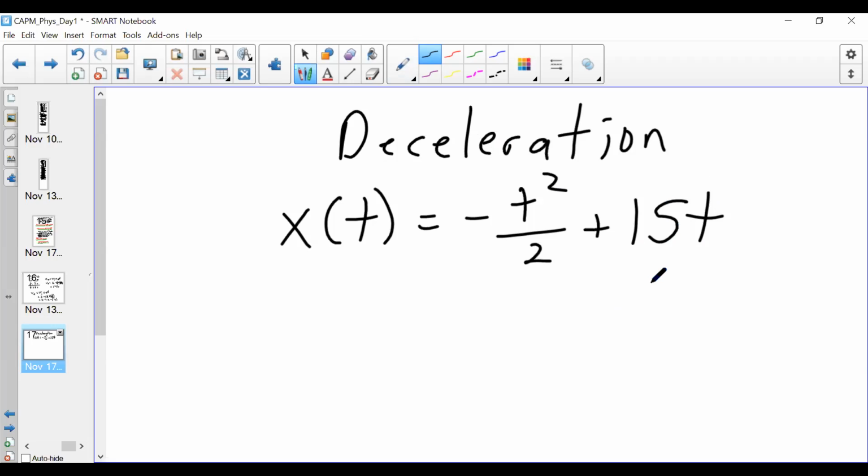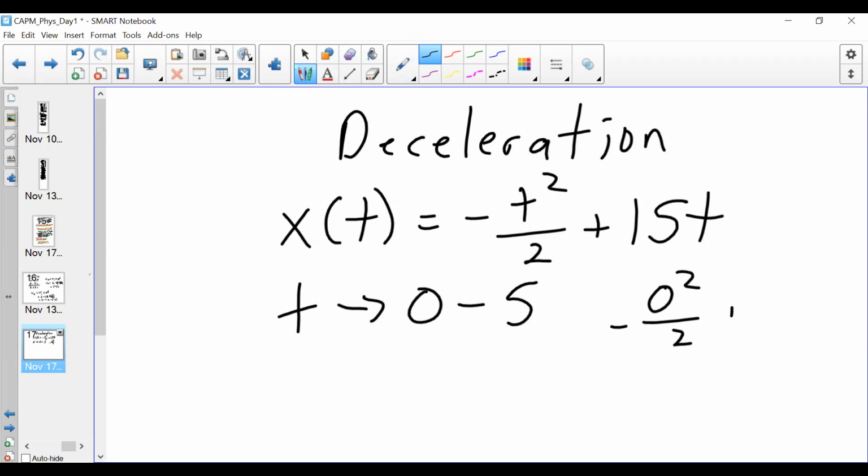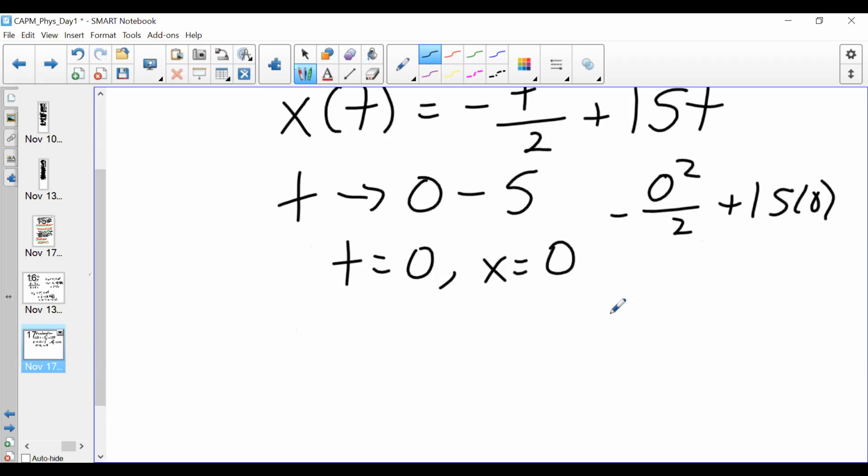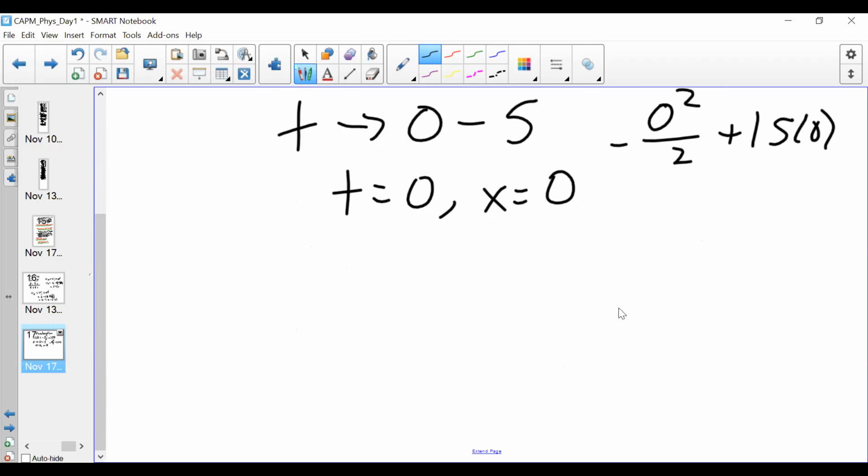All right, so for t going from 0 to 5 seconds, when we put t equals 0 in the equation, we're going to get, obviously, 0. 0 squared over 2 plus 15 times 0. That's 0. So at t equals 0, x equals 0. So we're starting from 0, from ground, our conventional ground state.